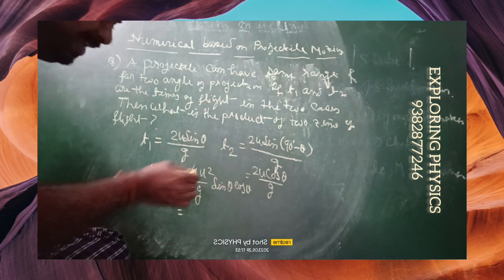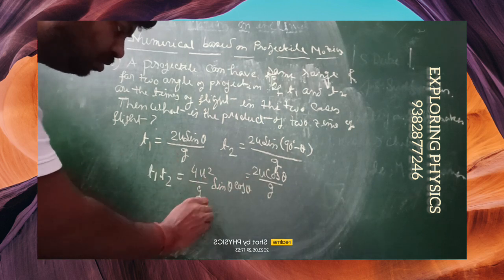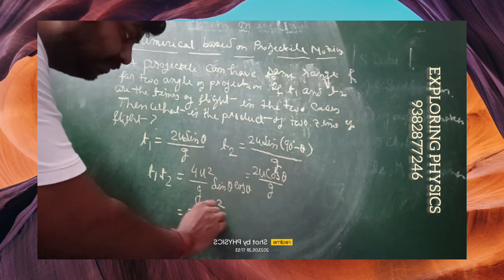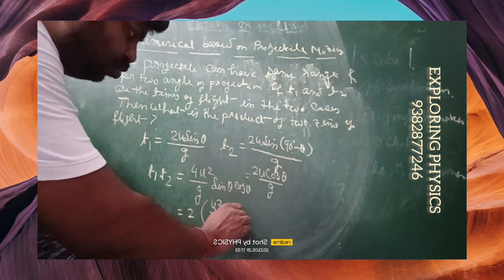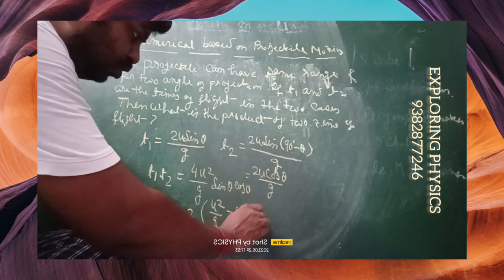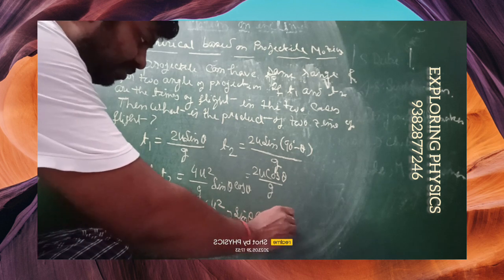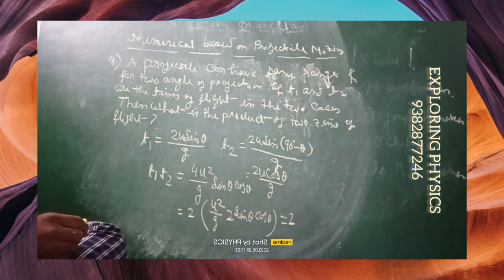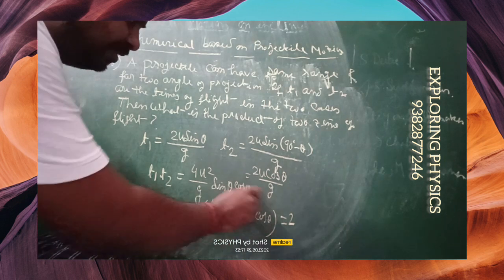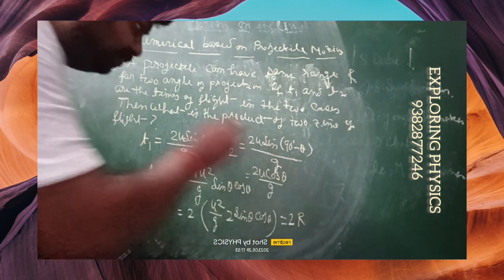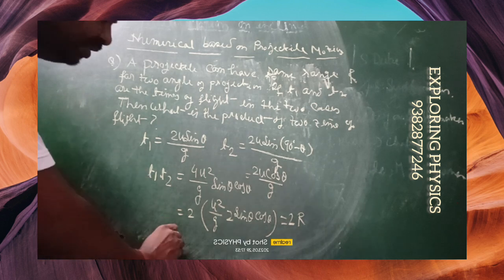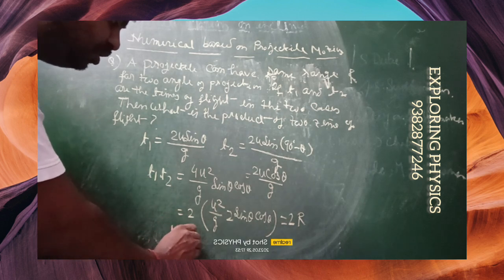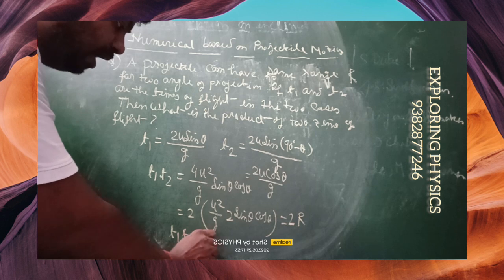Now breaking it as 2u square by g into 2 sine theta cos theta, that gives 2R by g, since that is the formula of the range. So T1 into T2 is proportional to R.